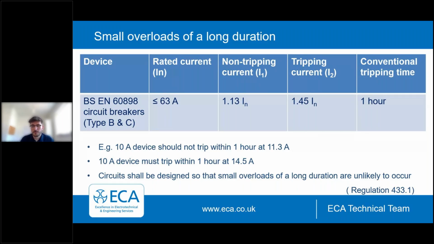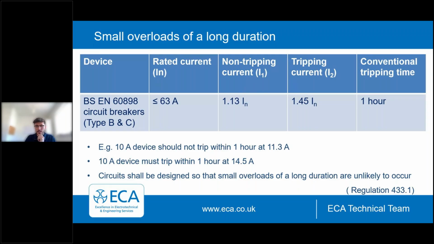Now, devices such as circuit breakers to BS EN 60898, and this example in the table being based on type B and C devices at a current rating less than or equal to 63 amp, have what we call a non-tripping current, and this is signified by I1.